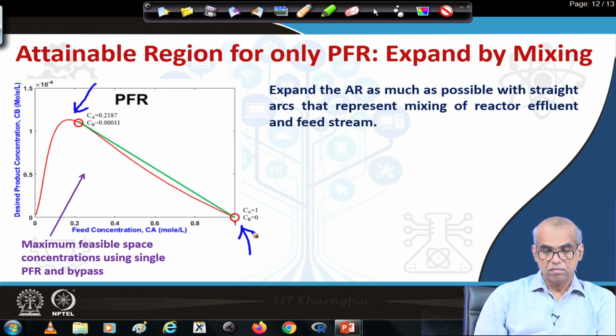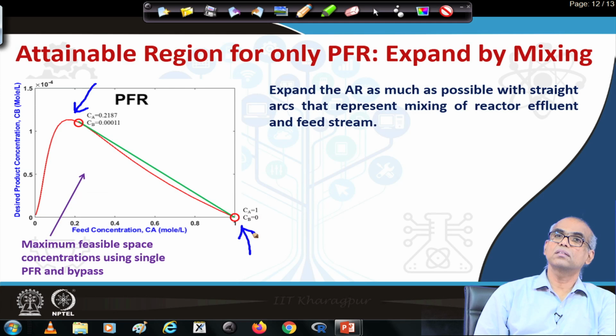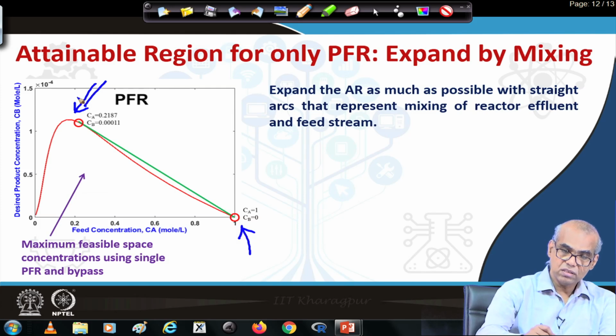So, now we get, after joining this straight arc, maximum feasible space of concentrations using a plug flow reactor and a bypass, because any point on this straight line arc can be obtained by mixing these conditions and the feed point.